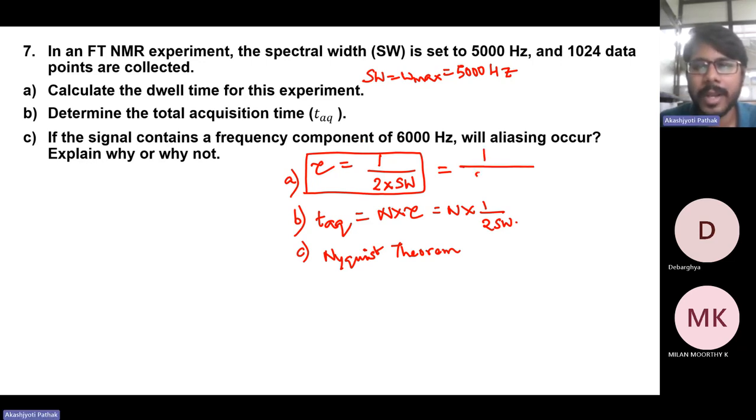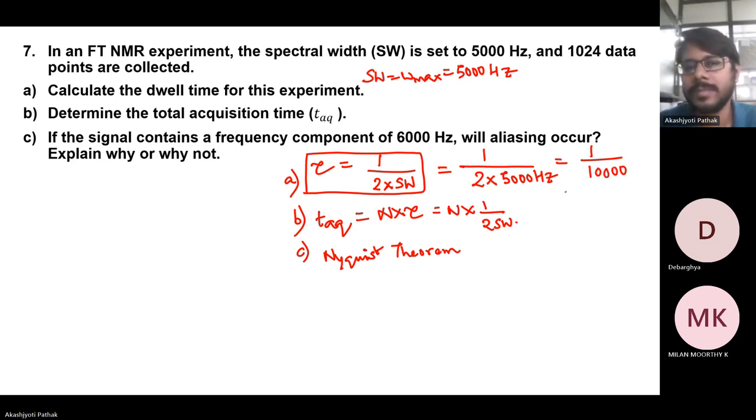You can apply the formula directly: 1 by 2 times the spectral width. The spectral width is 5000 hertz, so this will be 1 by 10,000. Hertz means per second, so this will be 0.1 into 10 to the power minus 3, which means 0.1 millisecond. 0.1 millisecond is the dwell time for this experiment.